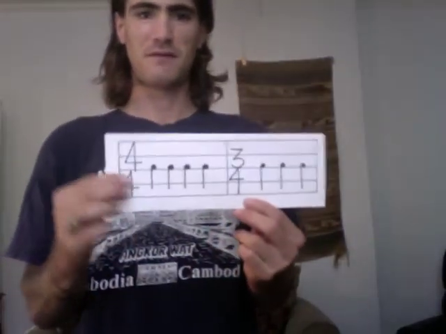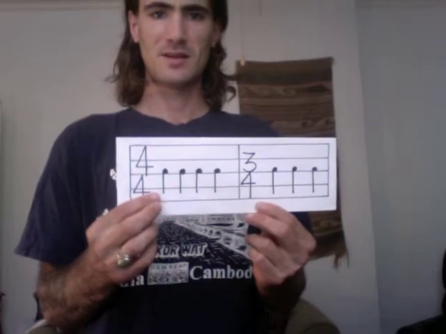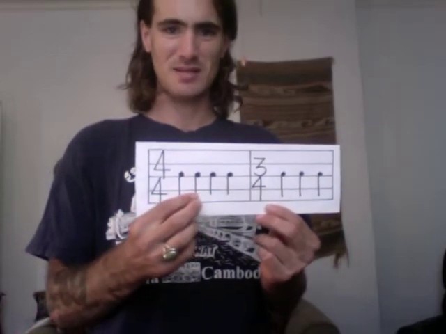A quarter note in 4/4 designates the downbeats when written like this. I'm going to count quarter notes, and the first time through, I'm going to put a stress on the first and third beat of this.